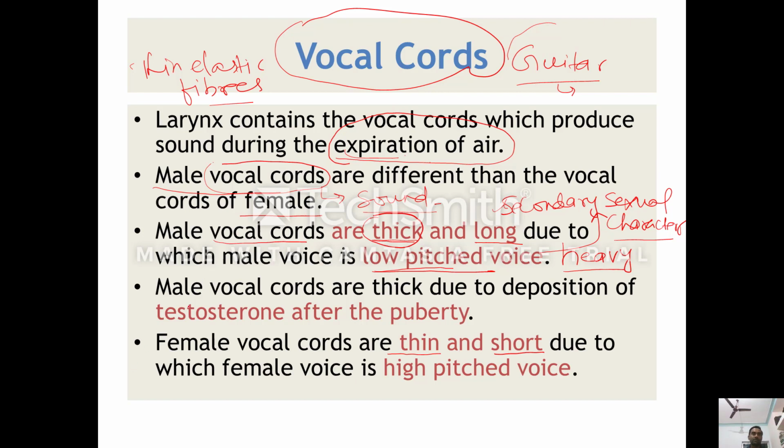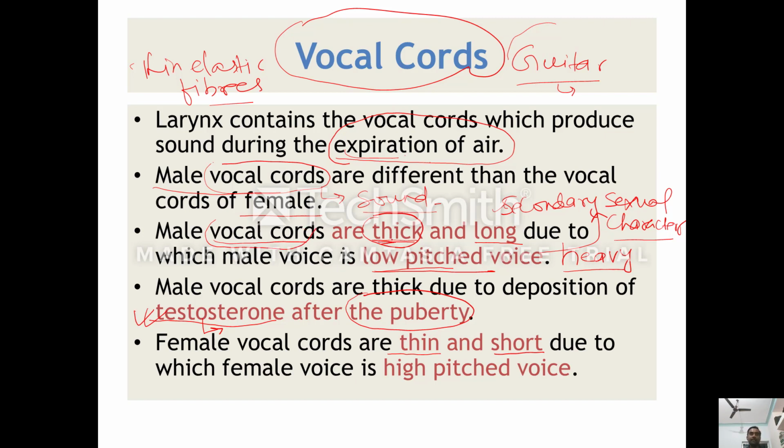Male vocal cords become thick due to the deposition of testosterone. After puberty in males, there is secretion of the sex hormone testosterone, which gets deposited on the vocal cords.